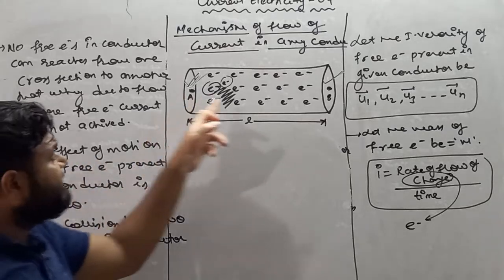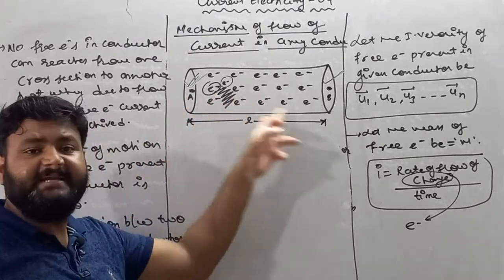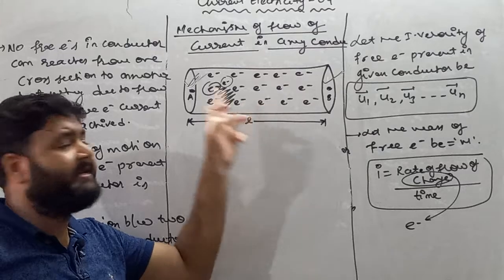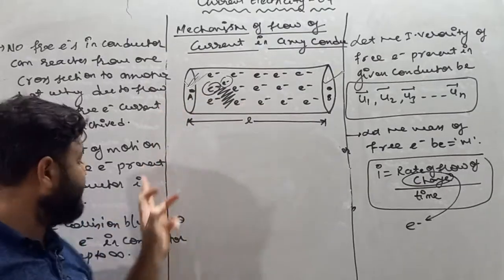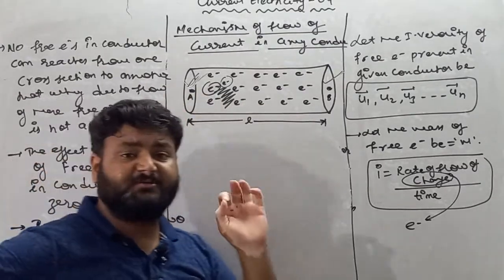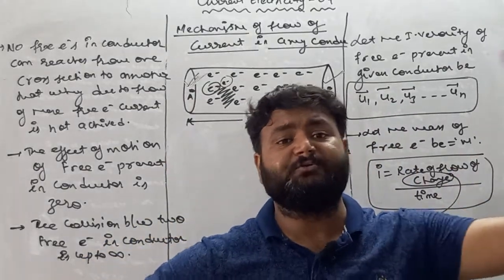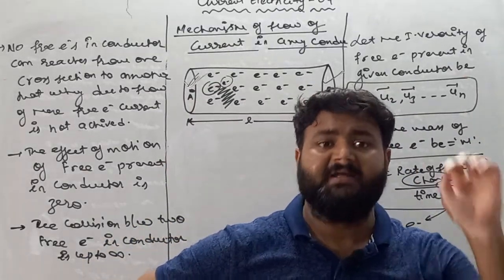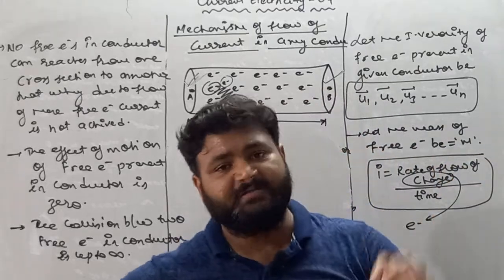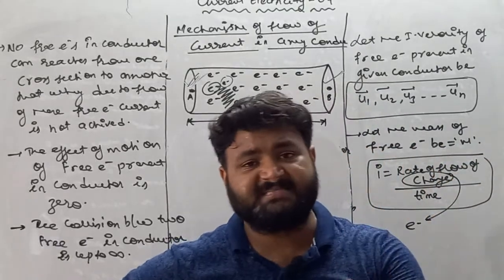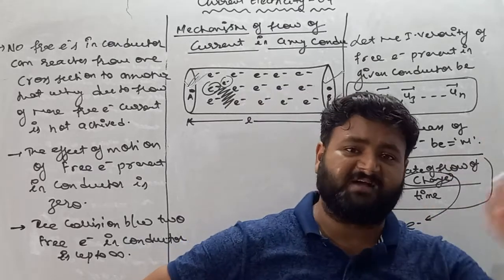I'll write: these free electrons which are present in a conductor are in motion, but the effect of motion is zero, because if an electron is moving with respect to time, its effect is to define current. Remember, if an electron is moving with respect to time, then its effect is nothing but to define the current.